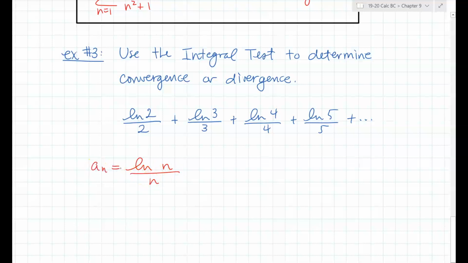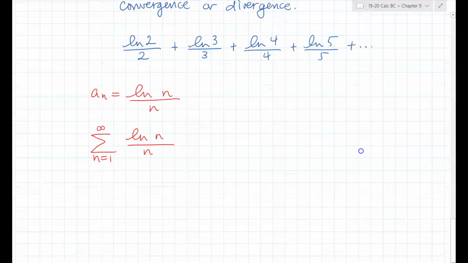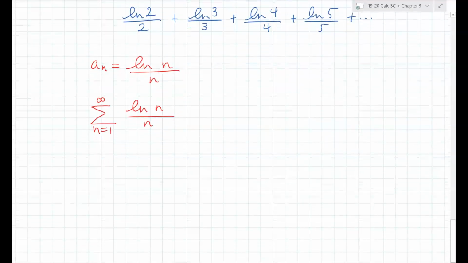So I'm going to start writing this out as the sum as n goes from 1 to infinity of ln of n over n. That's going to be my series. But if I want to check to see if that series converges or diverges, I'm going to have to check to see if the integral from 1 to infinity of ln of x over x dx actually converges or diverges.